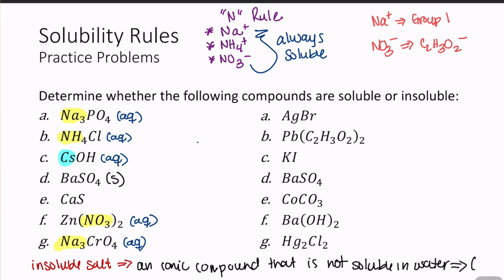So it's going to remain a solid. Another way you can think about that is if I have barium sulfate and I put it in water, it's going to remain as barium sulfate, the solid. Notice nothing changes. No solution is made.